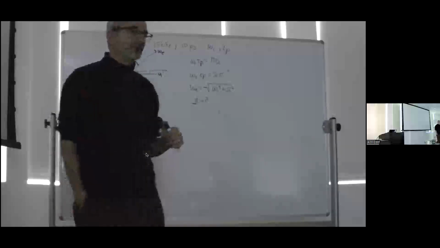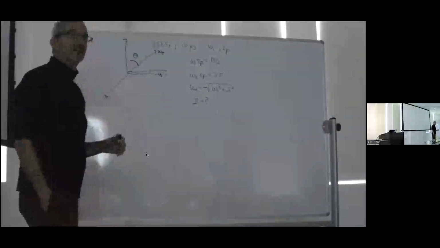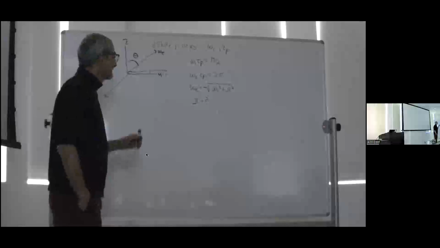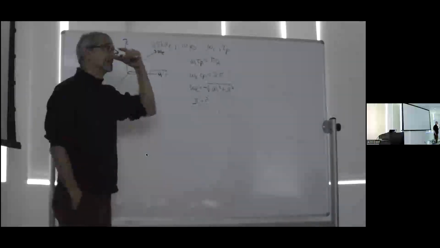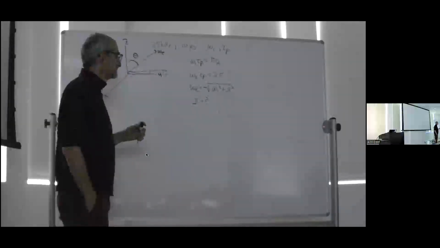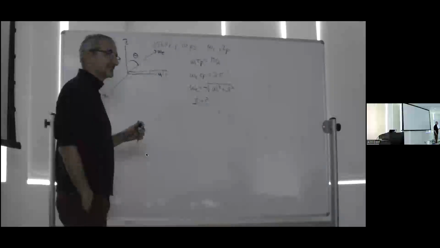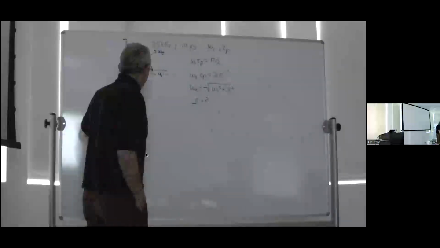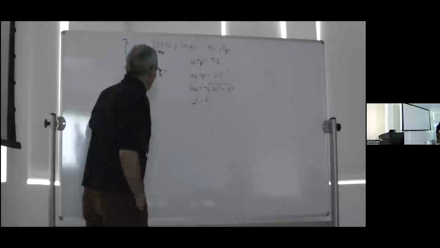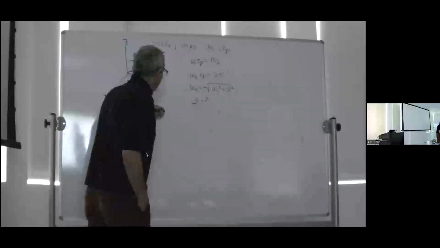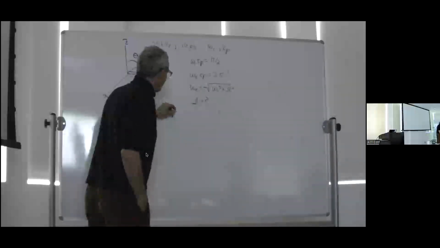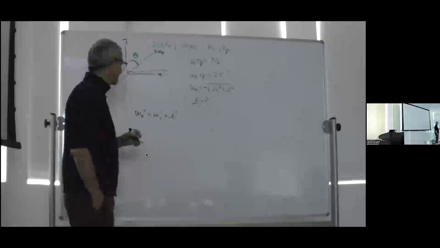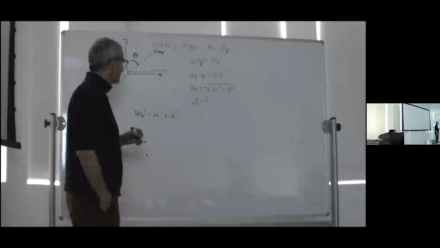What should I do first? It's always a good idea to get rid of the square root. So then we have omega e squared equals omega 1 squared plus omega squared.